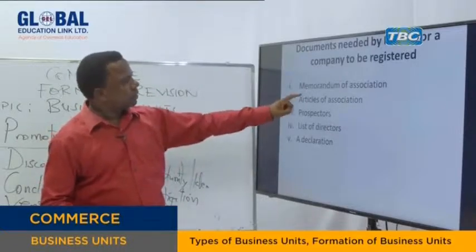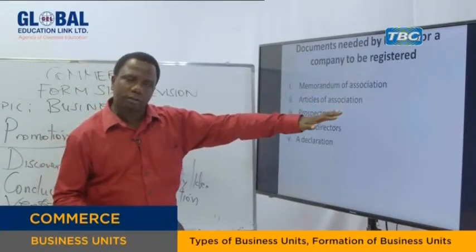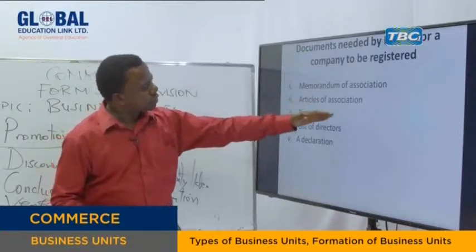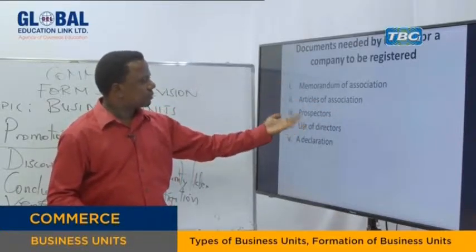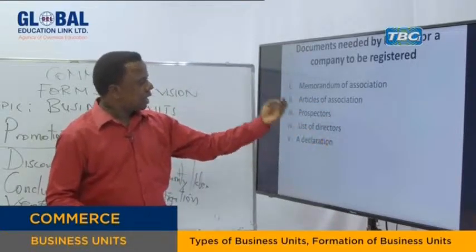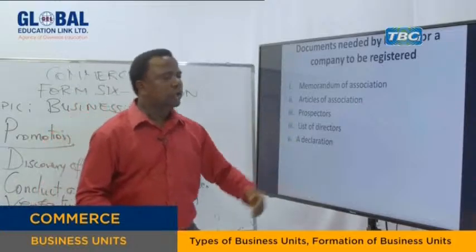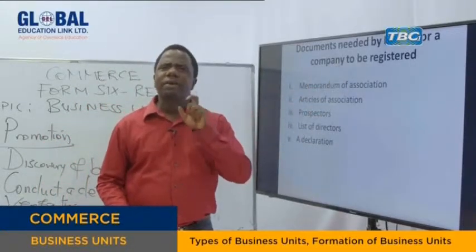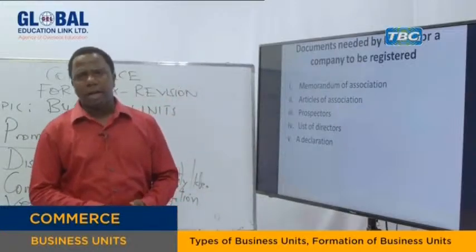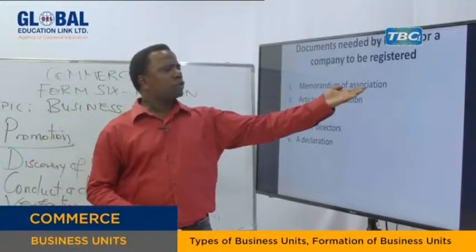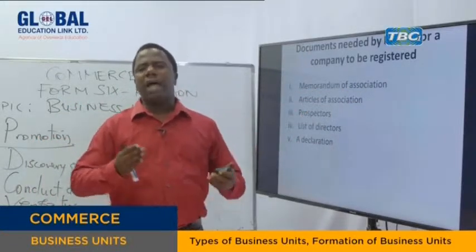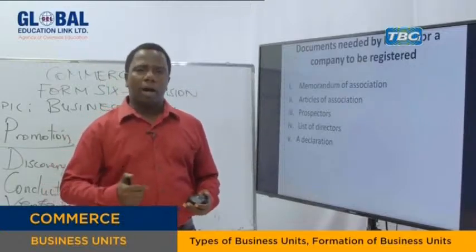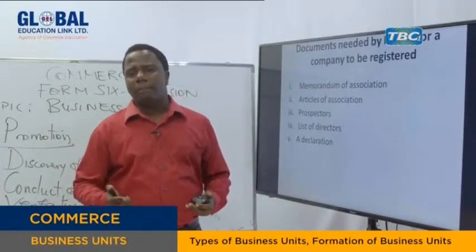Number one is the Memorandum of Association. Number two, Articles of Association, prospectus, list of directors, but also a declaration. Now the Memorandum of Association is a very, very important document. It is the document which defines the powers and limitations of a company.